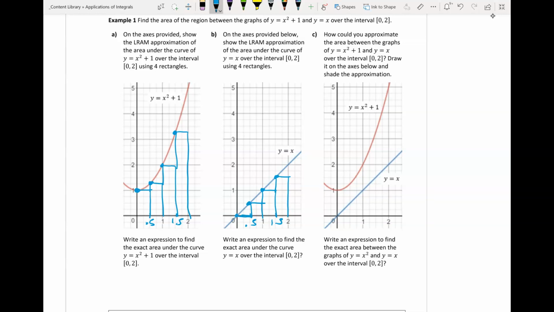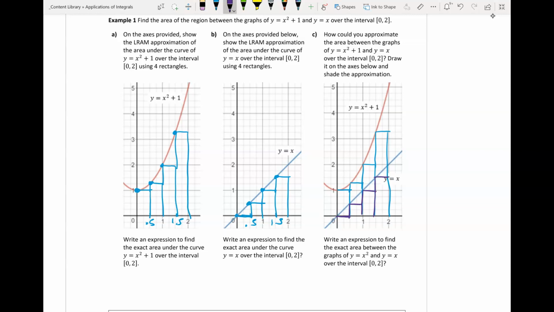So if you're looking at the area between these two, I'm going to redraw what I just drew. I'll draw all the rectangles from x squared plus 1. I'll use a different color to show the left-hand Riemann sum for y equals x.